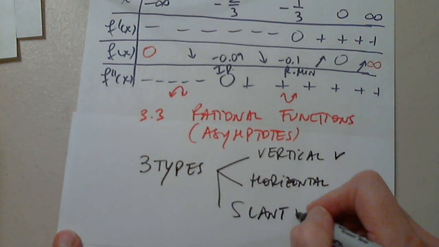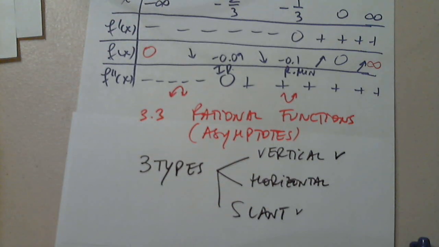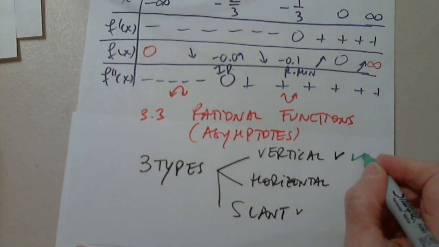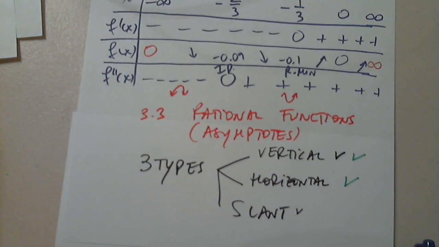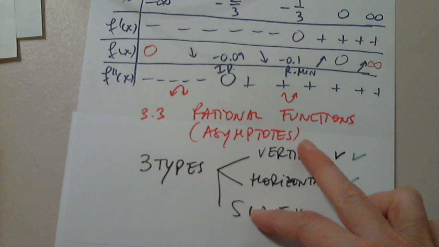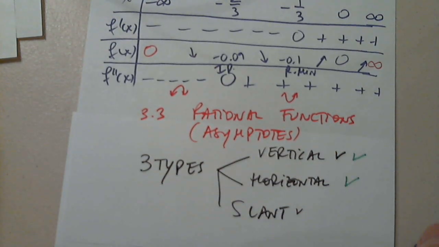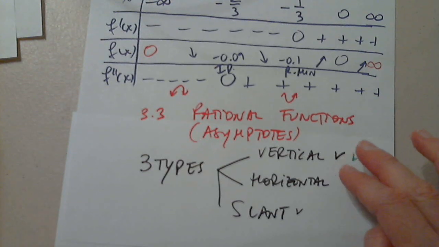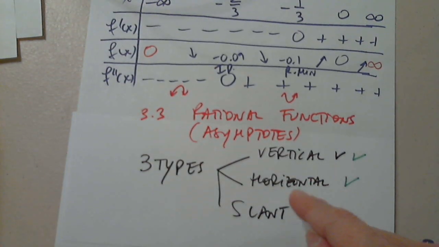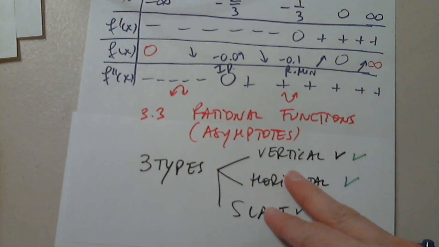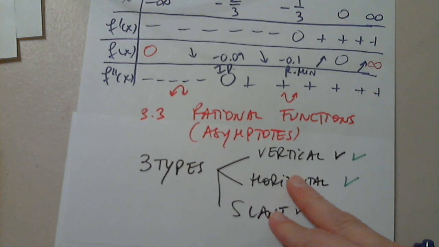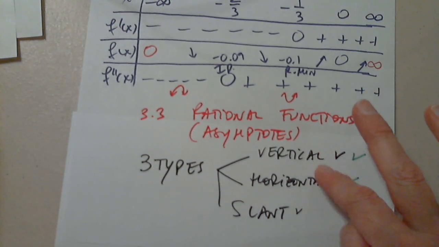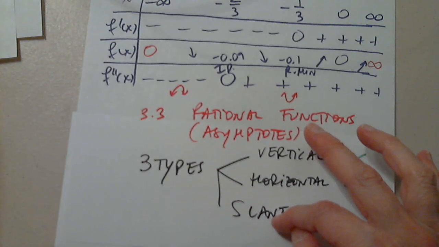The slant and the vertical can happen at the same time. The vertical and horizontal can happen in the same function. But horizontal and slant can never happen in the same function. So let's talk about these two, which are very common. This is slightly different.